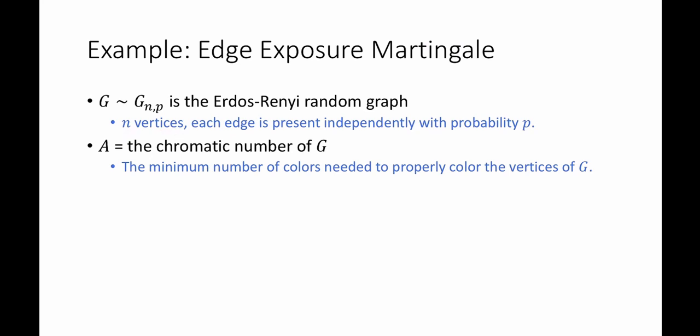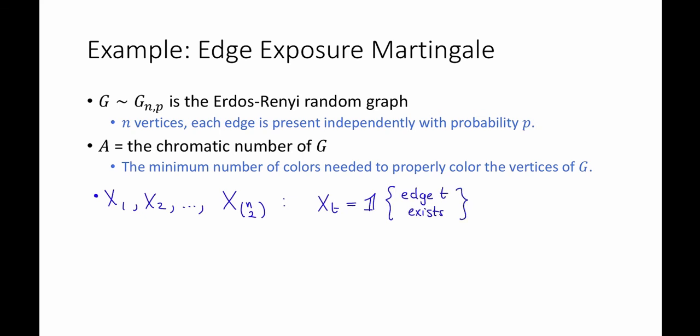Now let A, our random variable, be the chromatic number of G. That is, the minimum number of colors needed to properly color the vertices of G. That is, coloring the vertices so that no two adjacent vertices have the same color. Let's let x1, x2, up to x sub n choose 2 be random variables defined so that x sub t is equal to 1 if edge t exists, and 0 otherwise.